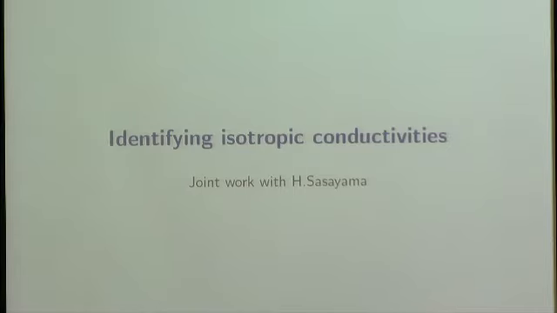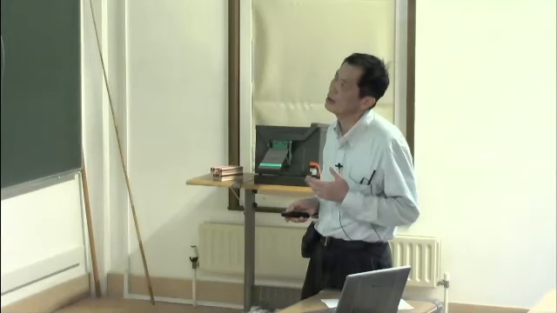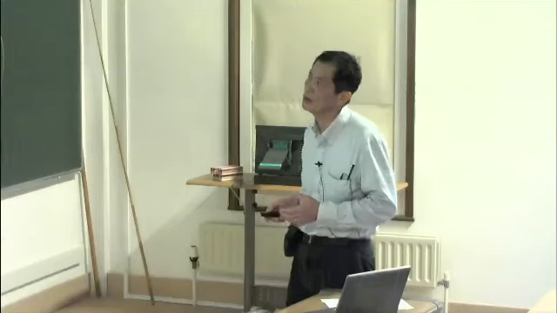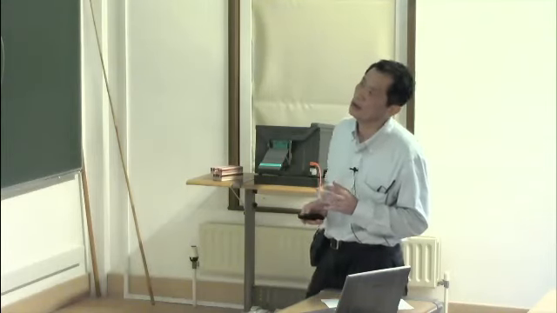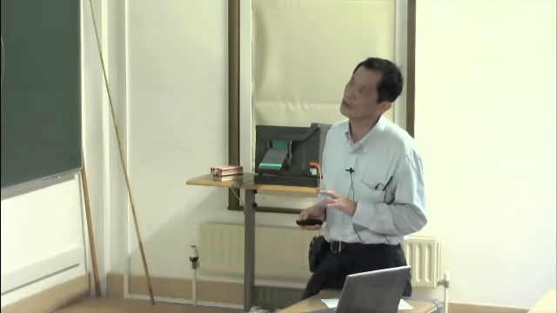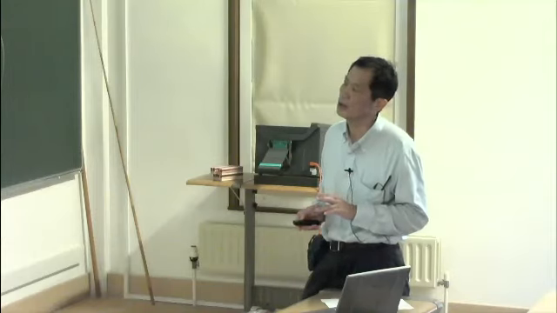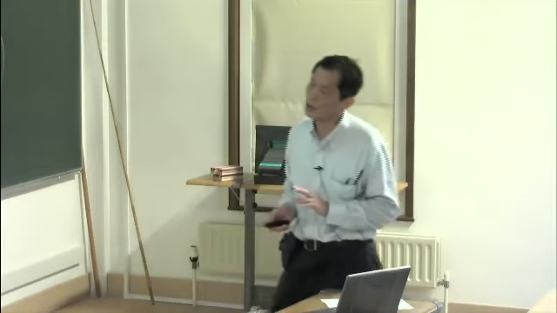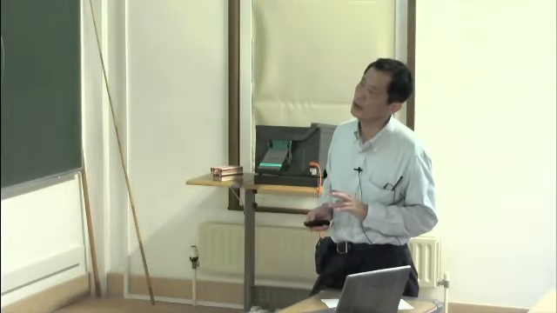Okay, so what about the isotropic conductivities? In this part of my talk, I would like to show you that there's a possibility of not only identifying the shape of D, but also identifying the conductivity inside, if the conductivity is uniform inside.